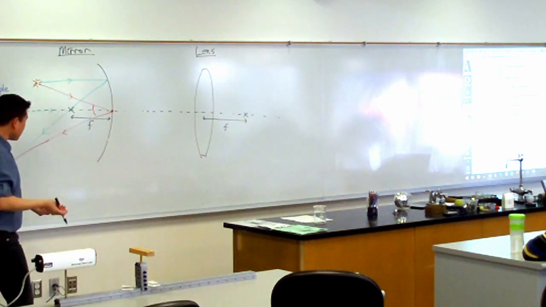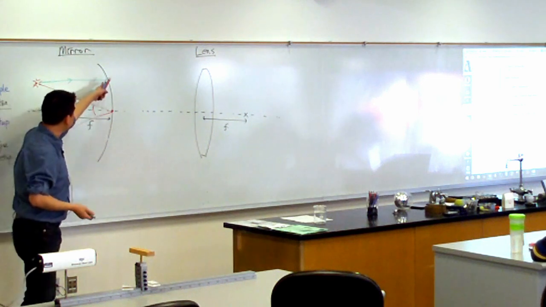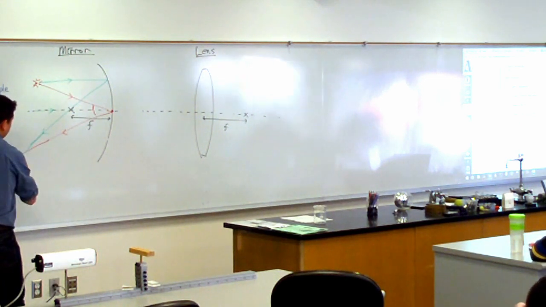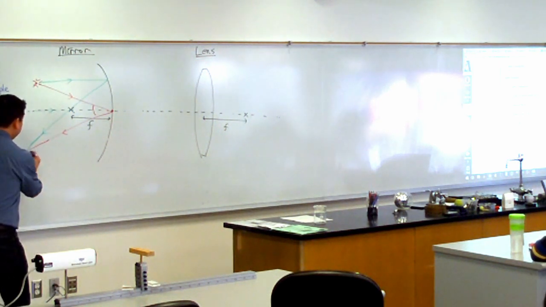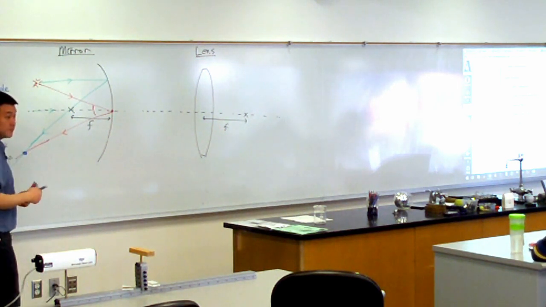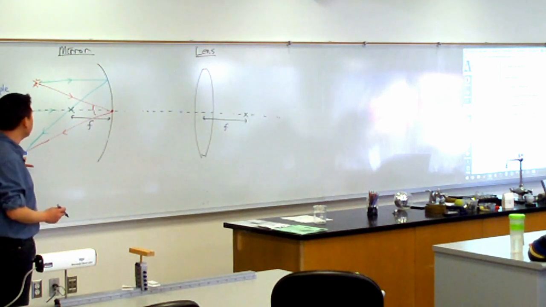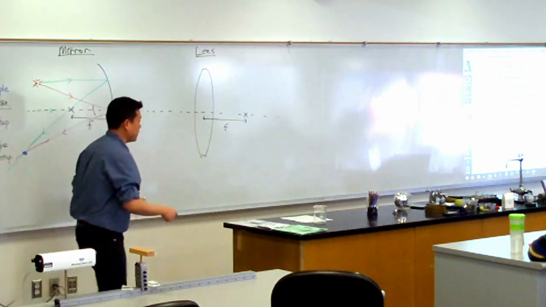And here's the reason we are paying attention to them. If I extend these rays out enough, then many times you will see that they eventually intersect. And where these rays intersect is where the image forms.